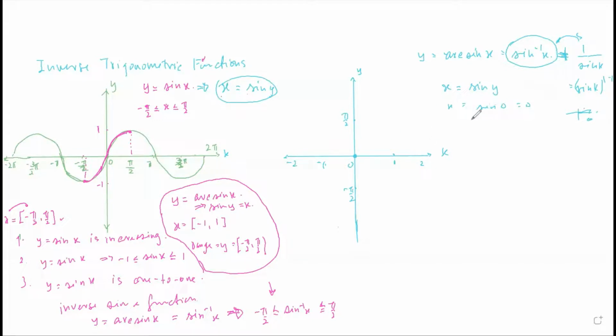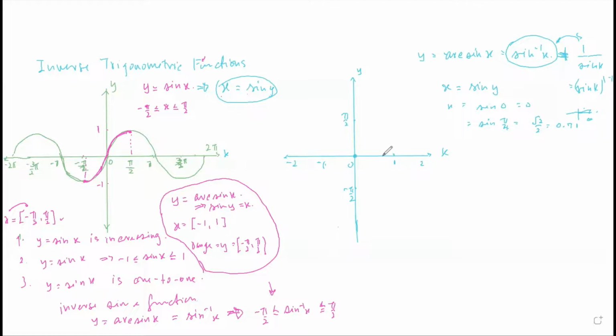So next, if y equals, maybe say, pi over 4, 45 degrees, so what does it become? Sine 45 is what? Square root 2 over 2, square root 2 over 2. So approximately 0.7.